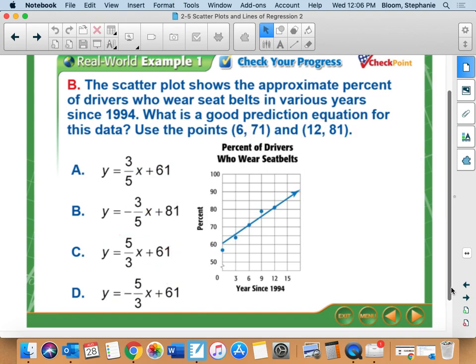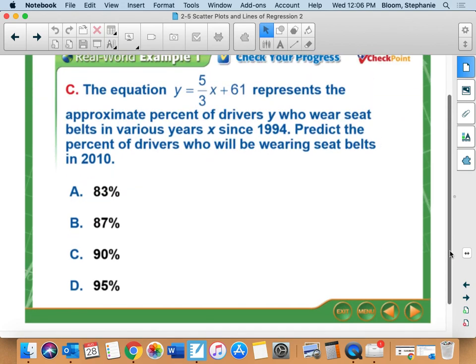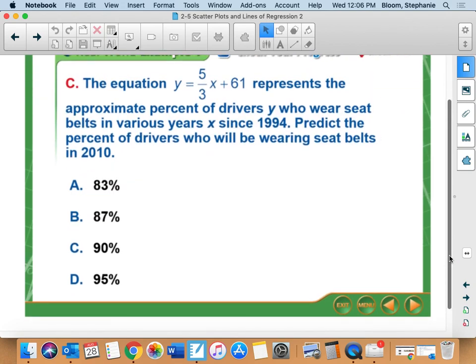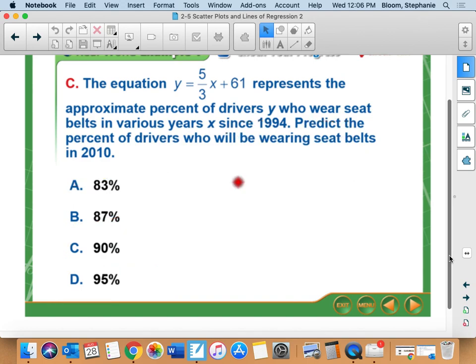Okay? Answering the next question regarding this: using this equation, approximate the percent of drivers y who wear seatbelts in various years x since 1994. Predict the percent of drivers who will be wearing seatbelts in 2010. So again, x represents the years since 1994.